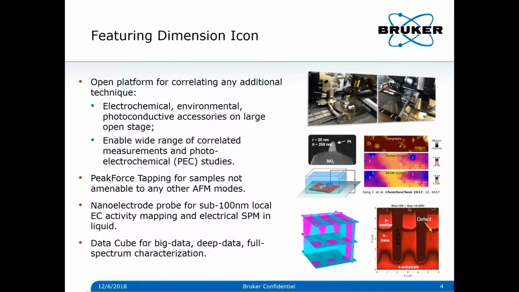As far as AFM modes, you see sometimes feature the peak force tapping, as it's amenable particularly for looking at very fragile and loose adsorbates, as well as you'll see in some cases our nanoelectrode probe featured that lets you do sub-100 nanometer local electrochemical mapping. You've also seen recently in our webinars our data cube modes, where we get electrical spectra at every pixel.